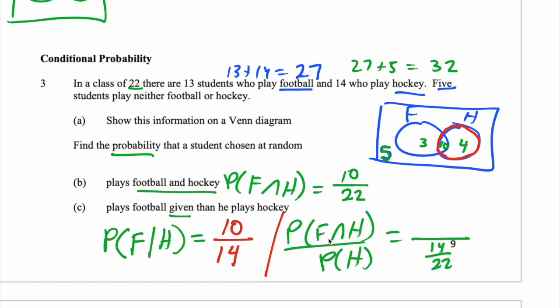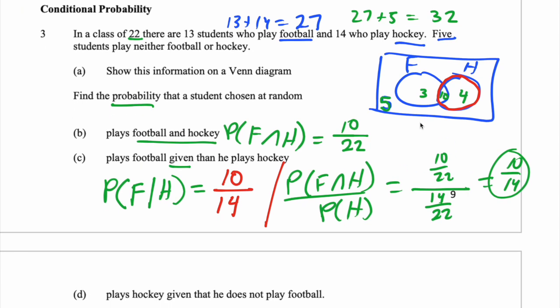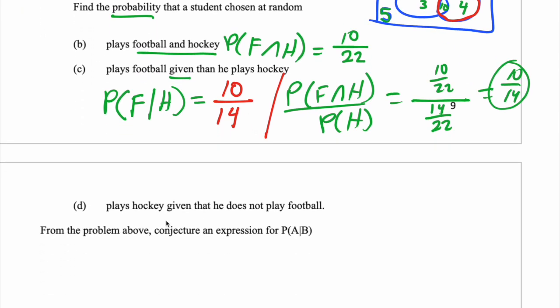And the numerator here is probability of football and hockey. That is 10 out of 22. And you see the 22s cancel. You can multiply the numerator and denominator by 22 and you get 10 out of 14, which is the same. So Venn diagrams are easy to do without the conditional probability formula. But later when we do tree diagrams, the formula is very essential.